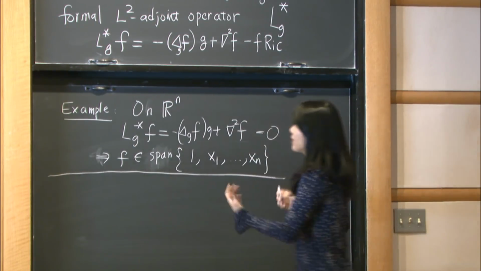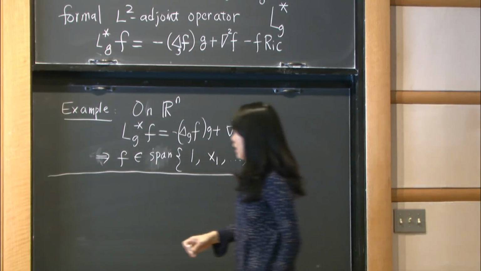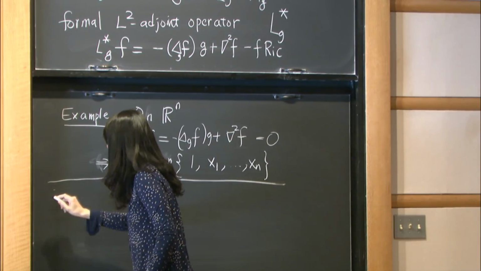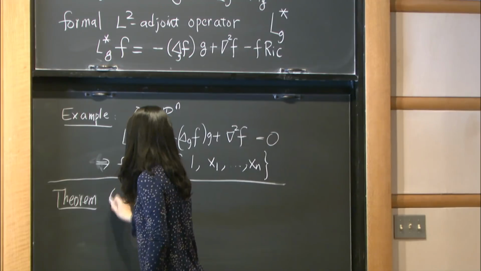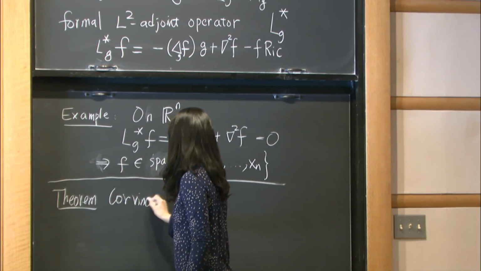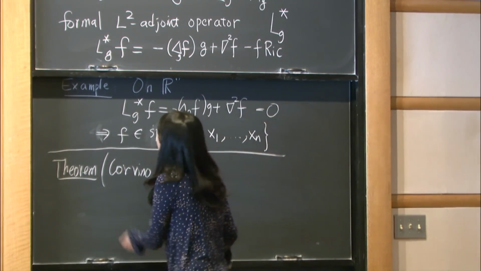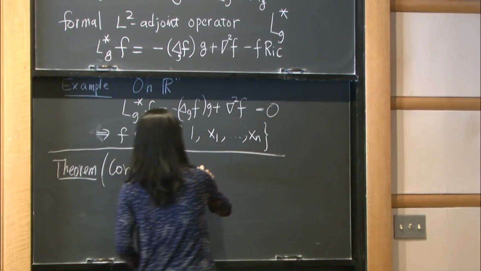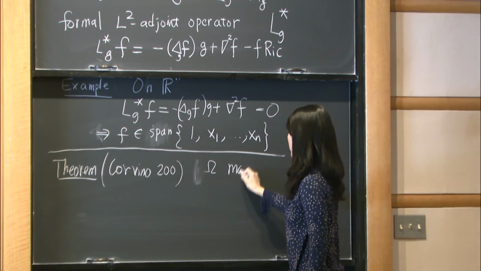So back to how it's related to whether we can bump up the scalar curvature just in a compact set. There's a very beautiful result by Justin Corvino, and what it shows is the no kernel assumption. So let's look at Omega, which is a manifold with boundary.